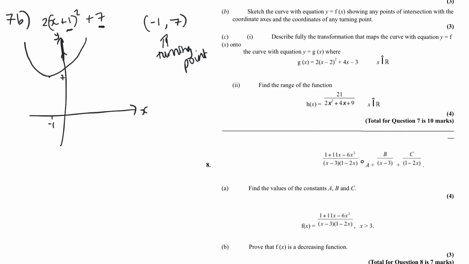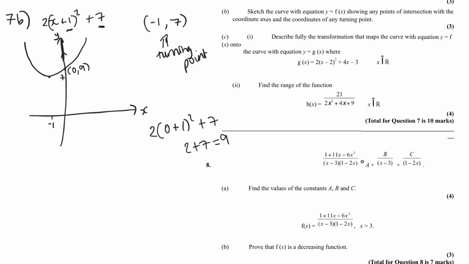So then we can substitute x is equal to 0 into the formula. So that'll be 2 bracket 0 plus 1 squared plus 7. So 0 plus 1 is just 1. So 1 squared is 1, and then times 2 is 2. 2 plus the 7 is 9. So the coordinate where it crosses the y-axis, we can happily say is 0, 9.